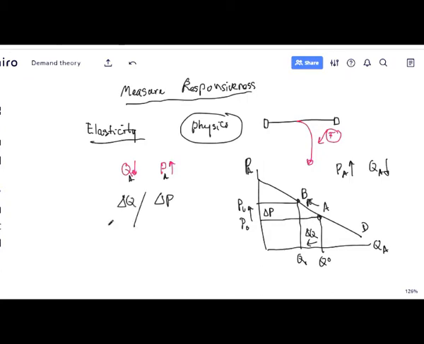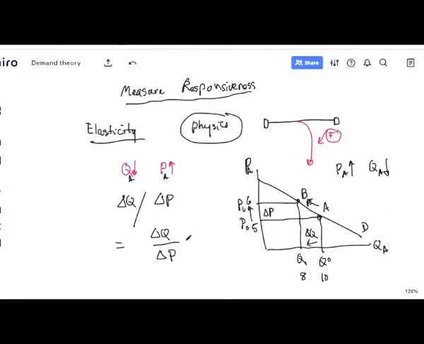If I divide them, I can find the ratio between change in price and change in quantity. So let's just assume this is 10, this is 5. I'm giving a number. Let's say this is 8 and this is 6.